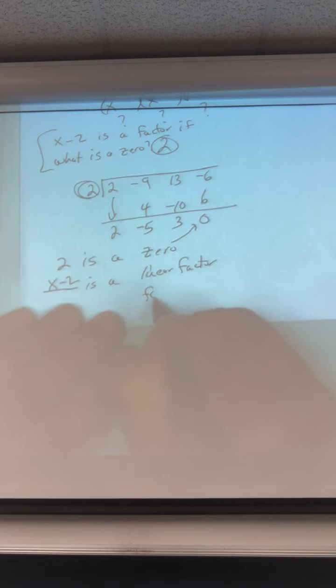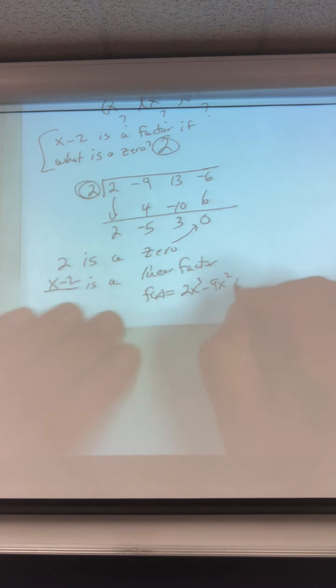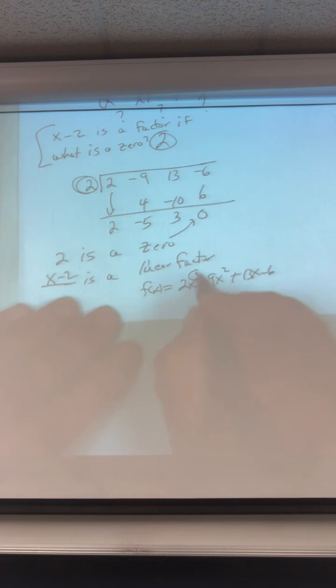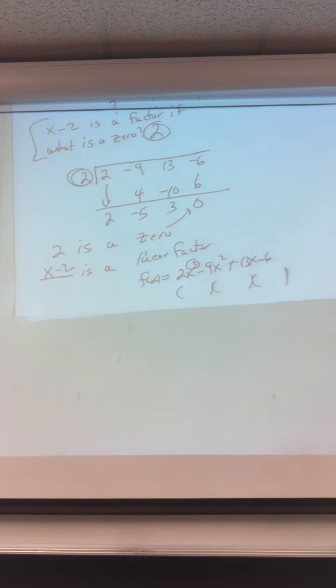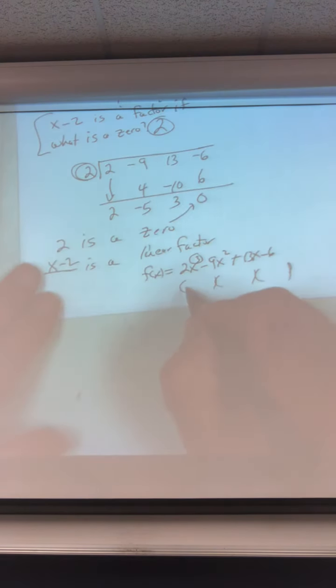So if I want to factor f of x, let me write the original problem back down. How many linear factors does this have? It has 3 of them. We just found one of the linear factors. It's x minus 2.